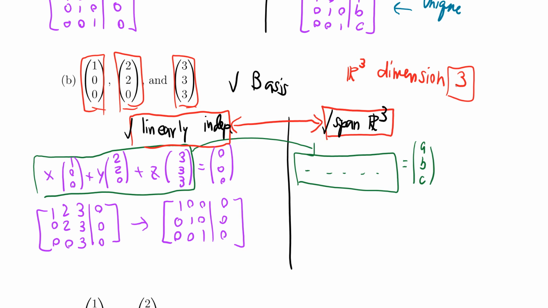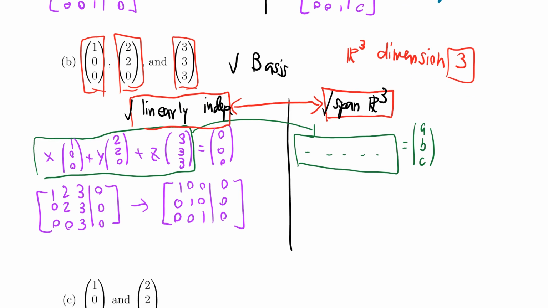In other words, if I have a vector space of whatever dimension and I have that many vectors, they will be linearly independent if and only if they span that vector space. So if the dimension, 3, and the number of vectors are equal, then one thing will happen if and only if the other happens. So this will be helpful.